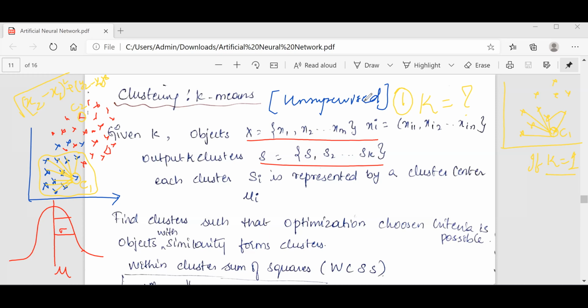I will take the average of all of these values because I want to cluster them.